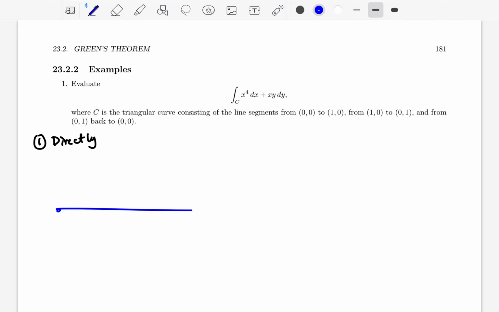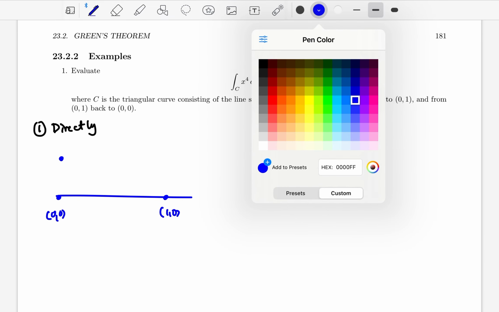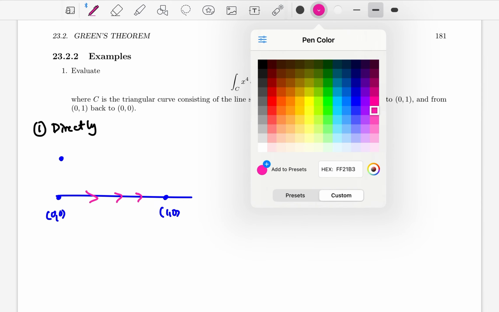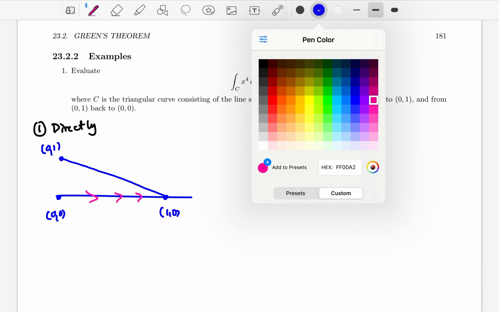So this is 0, 0, and then I go to 1, 0. Then it goes from 1, 0 to 0, 1, and this is 0, 1, and it goes in the direction that it should be going.